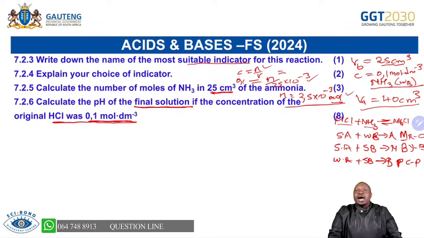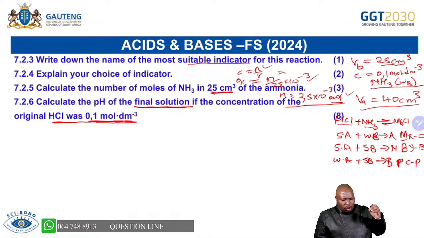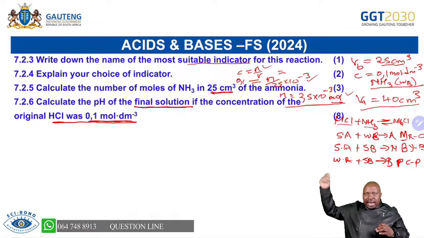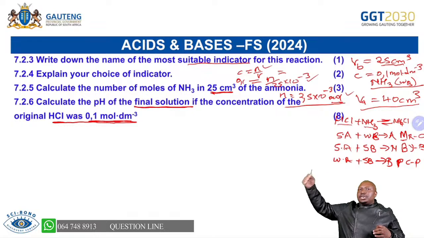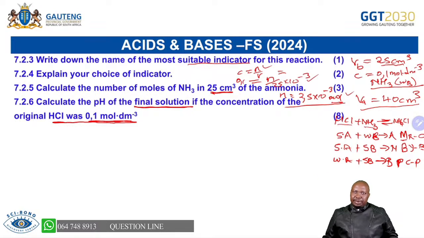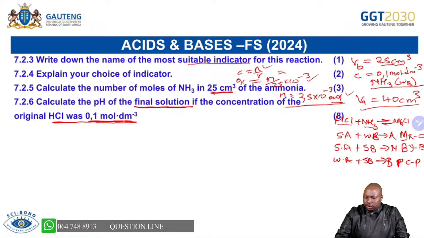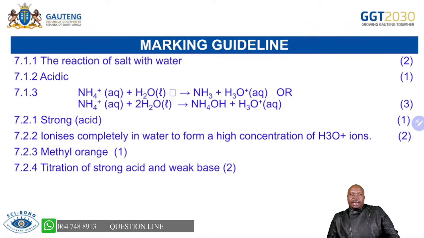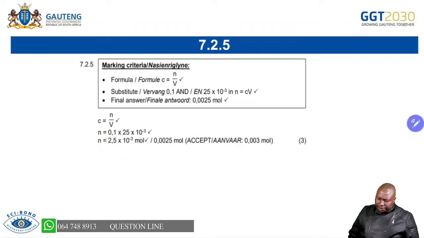So you can't use 0.1 because 0.1 is what we had initially. They want you to calculate the pH at the end, after the reaction has taken place. So it is very important that you have that understanding, and I hope this is going to help you answer this question.